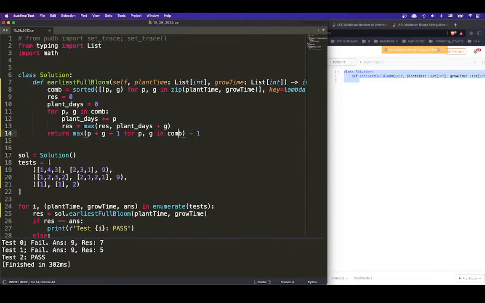So at the end, once you're done, we're going to return rest minus 1. Plus p plus 1, right? This one as plant days plus g plus 1. There we go.